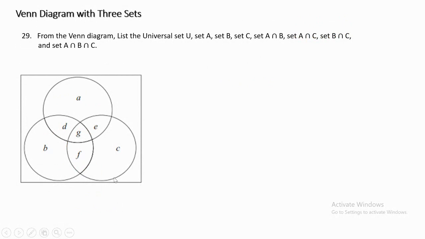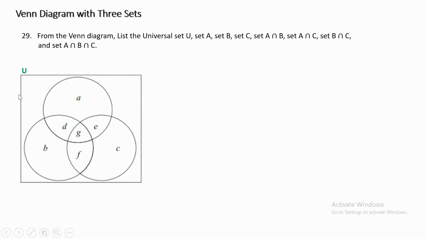Okay, now this is number 29, also from your homework. From the Venn diagram, they want you to list the universal set U, set A, set B, set C, where A and B intersect, where A and C intersect, where B and C intersect, and where all three intersect.